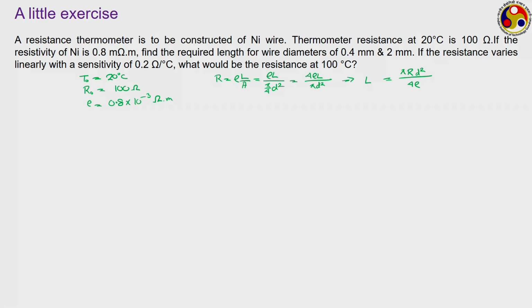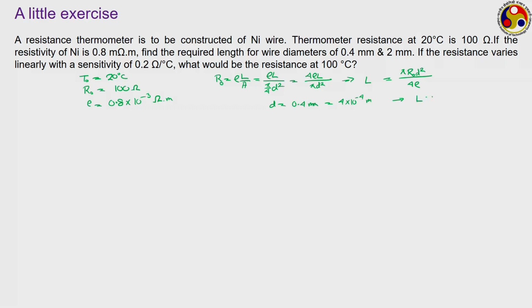At least for the base case, we can write R naught for the initial situation. So R naught is given as 100 ohm, resistivity is given as 0.8 into 10 to the minus 3 ohm meter, and there are two different values of diameter given. So if you put D equal to 0.4 millimeter, that is 4 into 10 to the power minus 4 meter, then you can do the calculation.